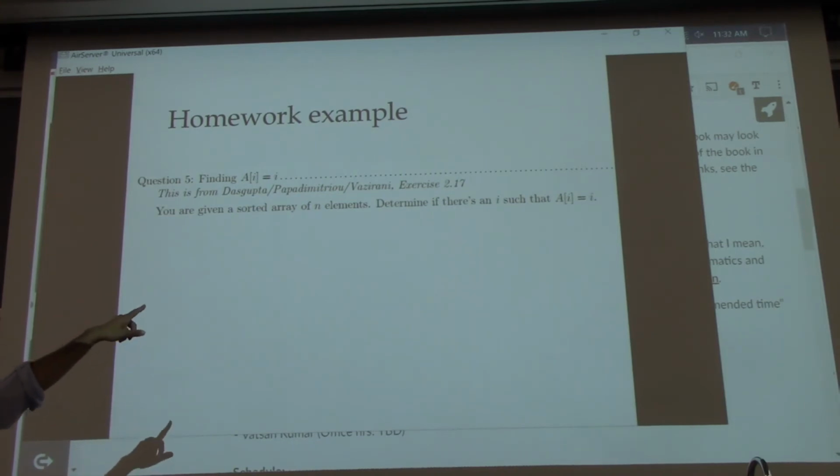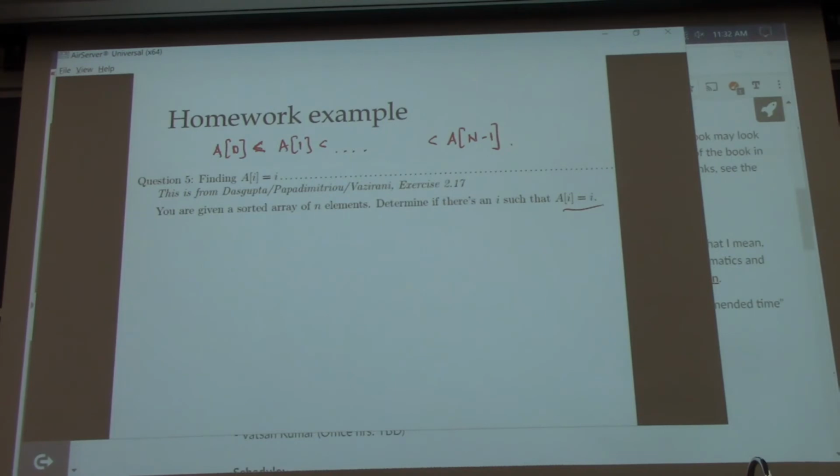You want to determine if there's an i such that a of i equals i.